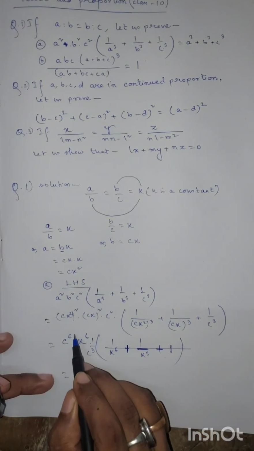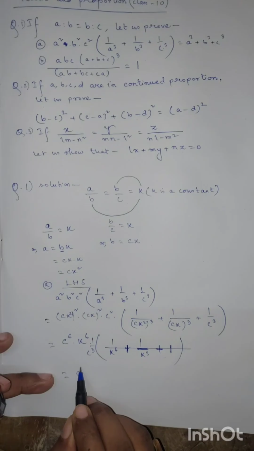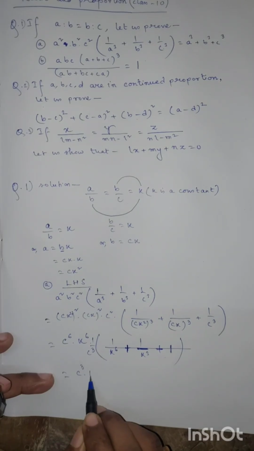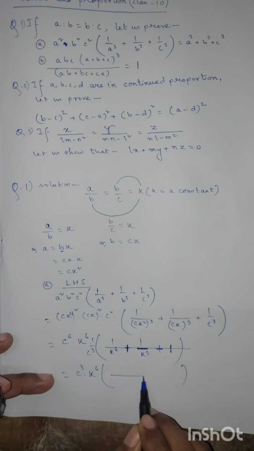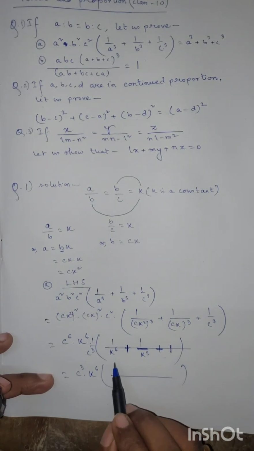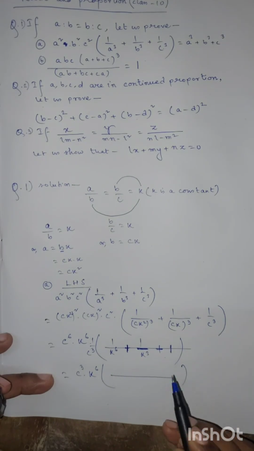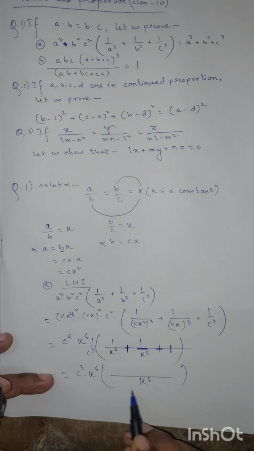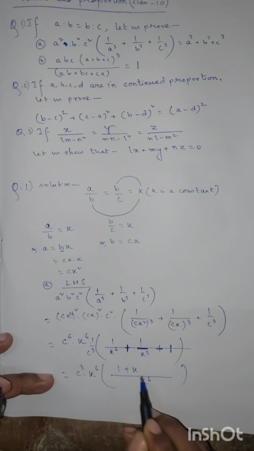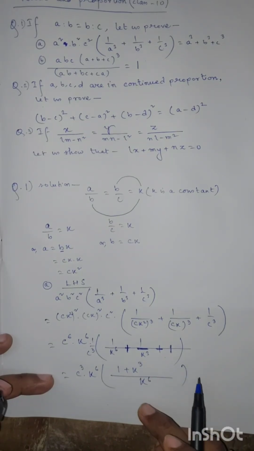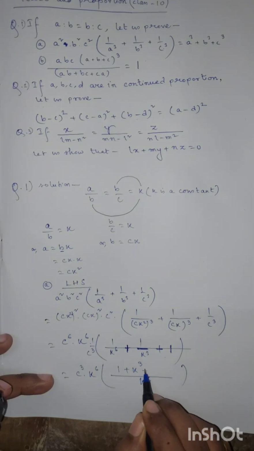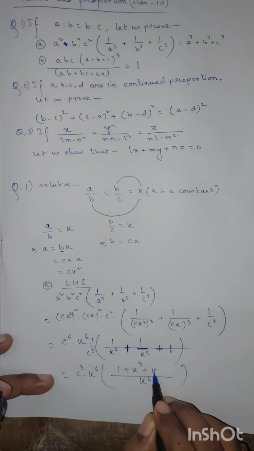c cube and c to the power 6 can be cancelled, so it is c cube k to the power 6. Now if we write the LCM of k to the power 6, k cube and 1, it is k to the power 6, so it becomes 1 plus k cube plus k to the power 6.